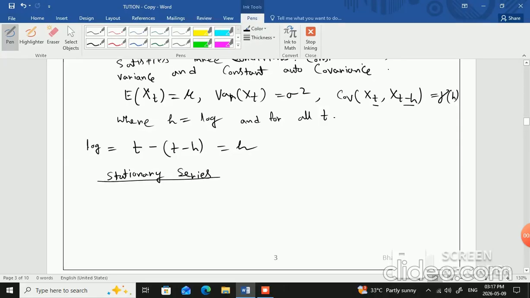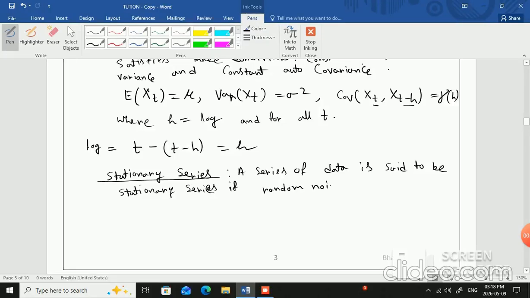Next we discuss stationary series. A series of data is said to be a stationary series if random noise, fluctuations around the time period, have a constant mean.